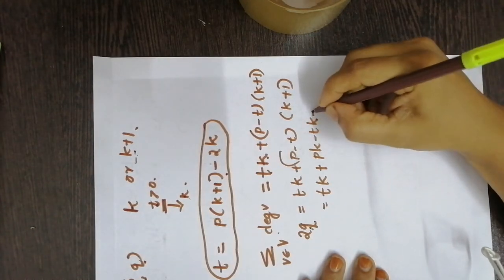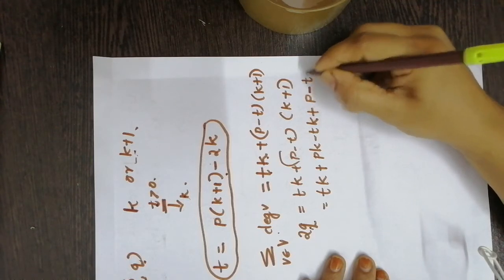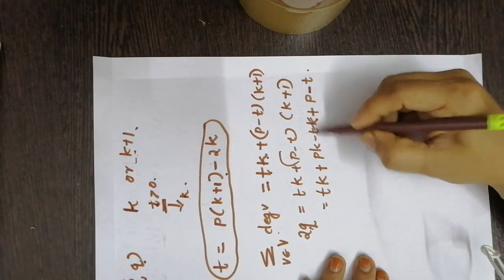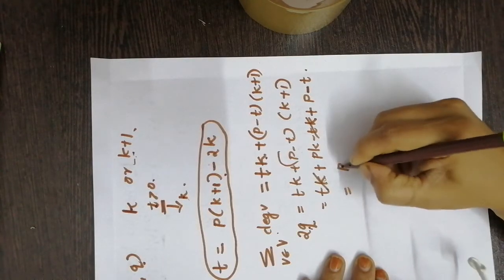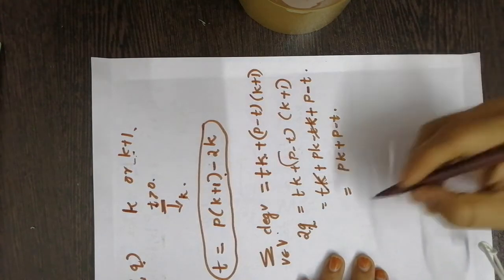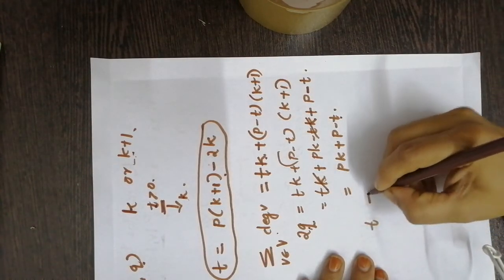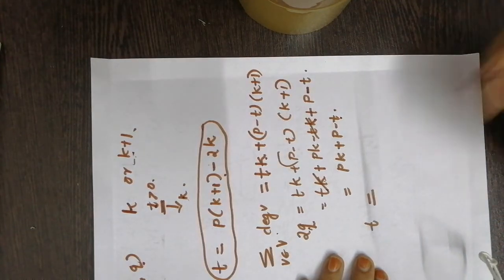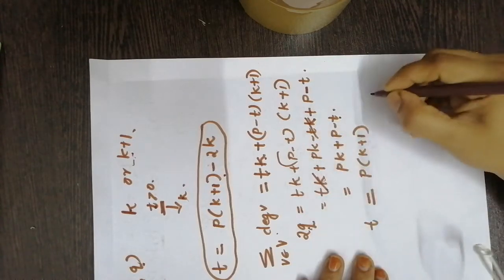plus p minus t. So here the tk cancels, and then we get pk plus p minus t. Taking t to the other side, we get t equal to p times (k plus 1), and this 2q to the other side.